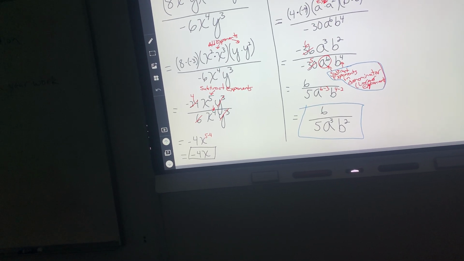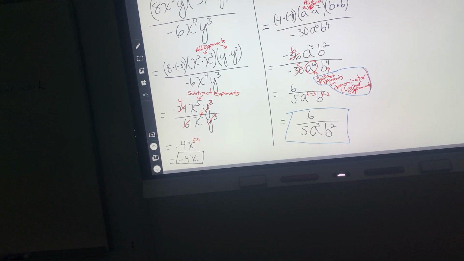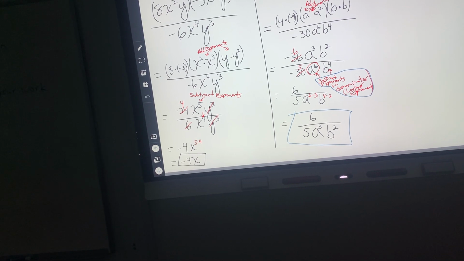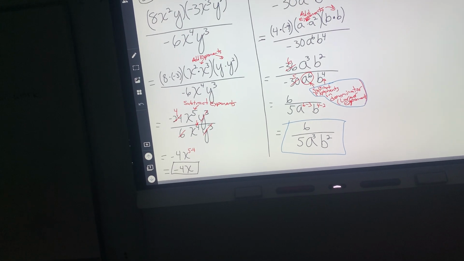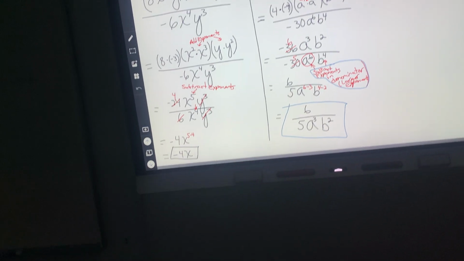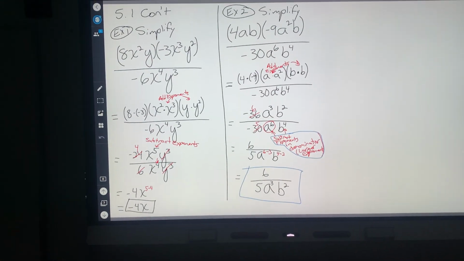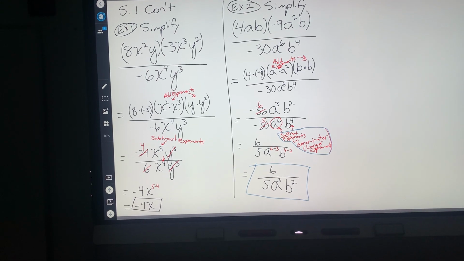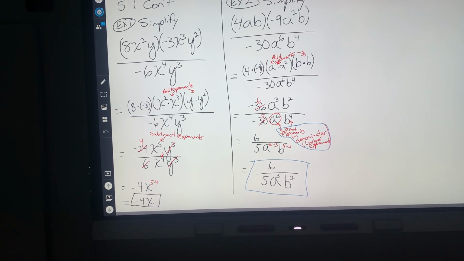The y cancels itself out because it's y to the third power over y to the third power. That just cancels itself out because anything divided by itself becomes just 1.